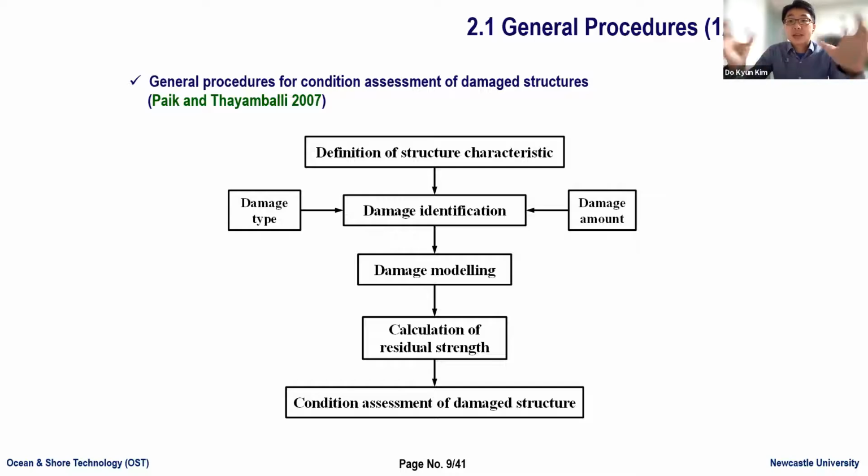And based on the gathered information, we can do the structural modeling and the damage modeling, and based on that, we need to calculate the remaining strength or structural capacity. And after that, we can do the condition assessment of the damaged structure. Then we need to take some action.